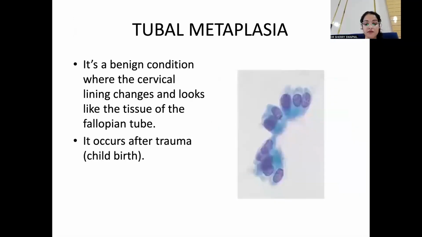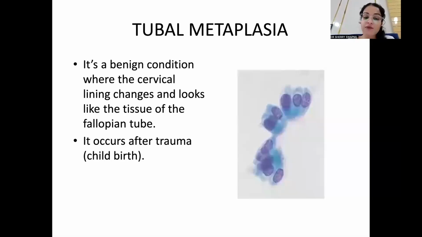Next slide, please. This is also a benign change which can be confused with malignancy. This is tubal metaplasia. It's basically a benign condition where the cervical lining changes to that of the fallopian tube. Generally the lining is squamous or columnar, so it gets changed to fallopian tube lining.